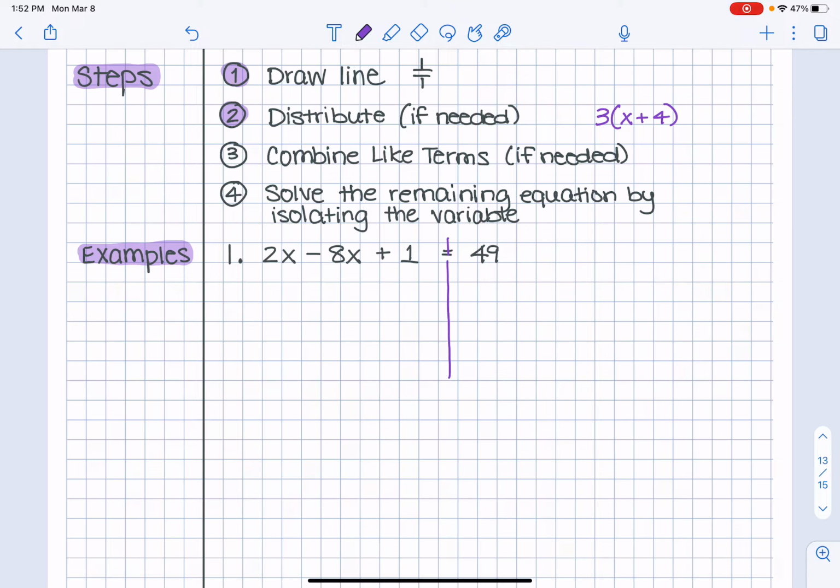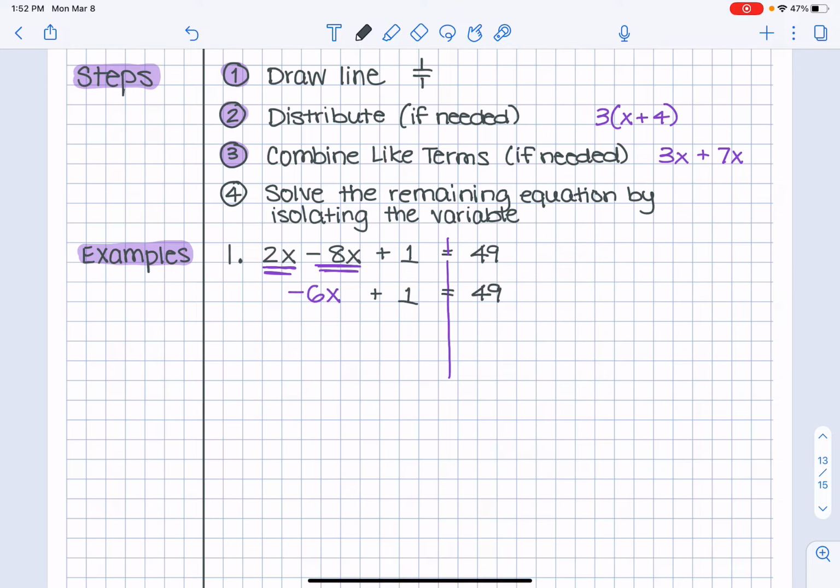So I'm going to move on to step 3, which is combine like terms if needed. If I look at my equation, I actually see like terms right here and right here. So I need to combine those. 2x minus 8x combined is negative 6x. Okay? So now that I know that, I'm going to bring down the rest of my equation.